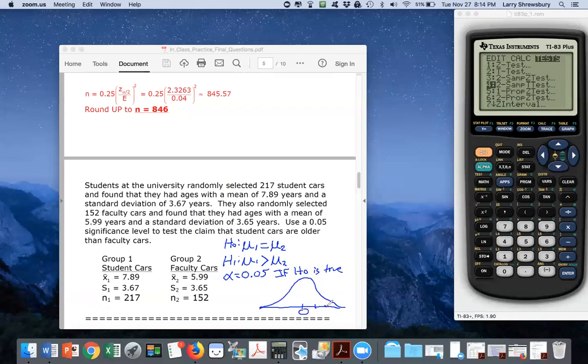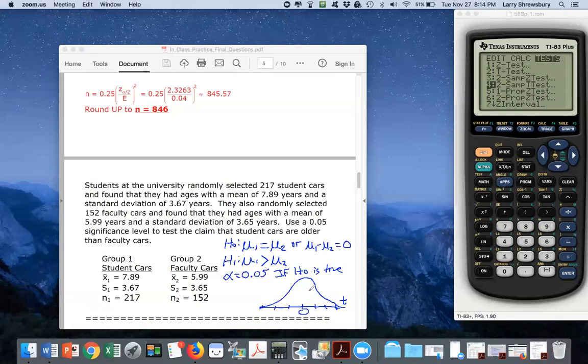Then 1, 2, 3, and it's a t distribution. 1, 2, 3. Now, with that 0, notice that this could be written as, well, if we subtract these 2 population means from each other and they're equal, what would that difference equal? 0. So that 0 difference is what this represents.